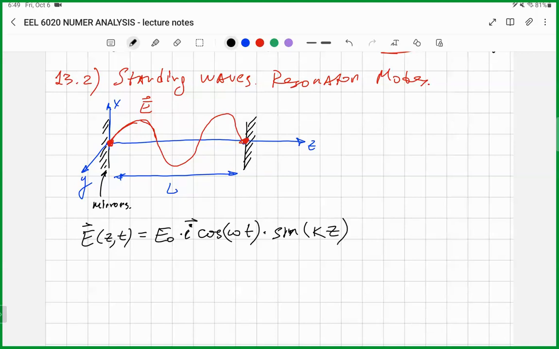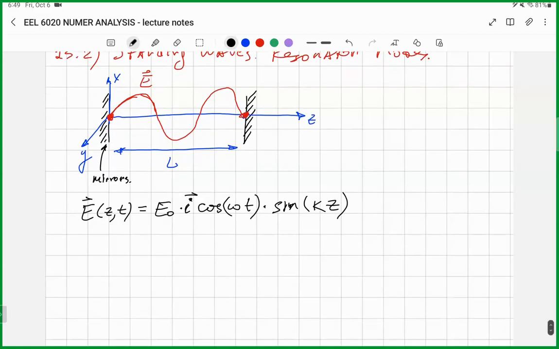This way I define the leftmost boundary. And what about the rightmost part, the second boundary? The field also must be equal to 0 there. So sine of k times L is also equal to 0.